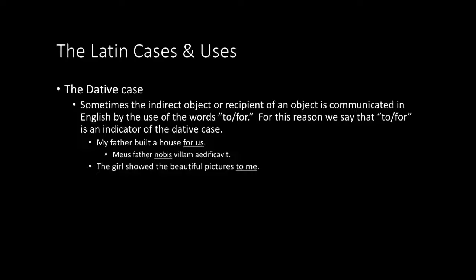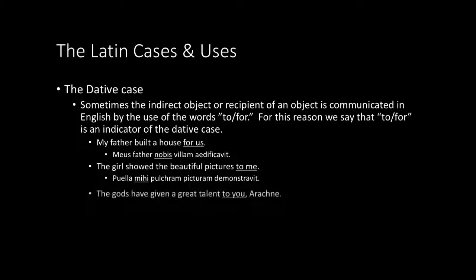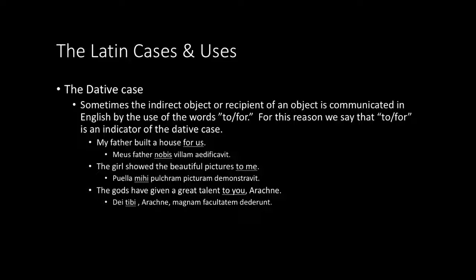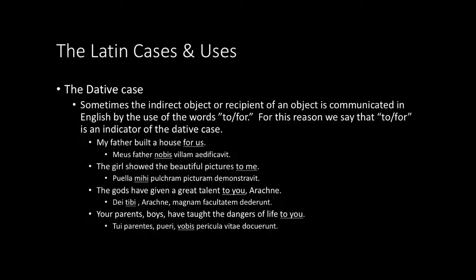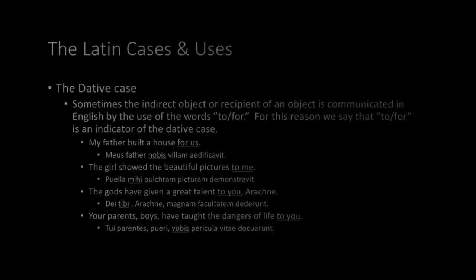To me would also be written in the dative case, mihi. To you would be in the dative singular because I'm speaking to Arachne. Tibi is the Latin word. And in this sentence, to you will be in the dative plural, vobis.